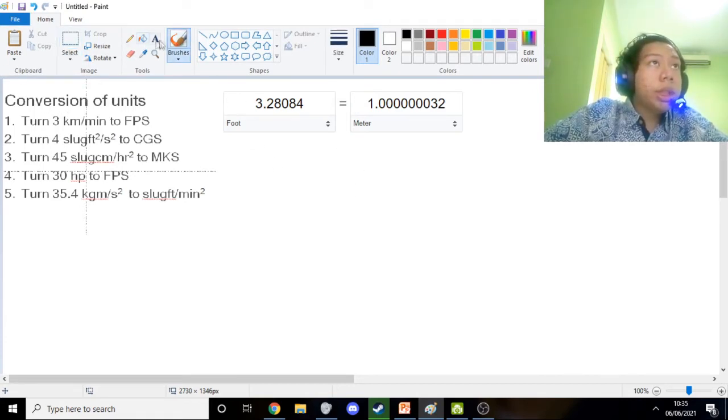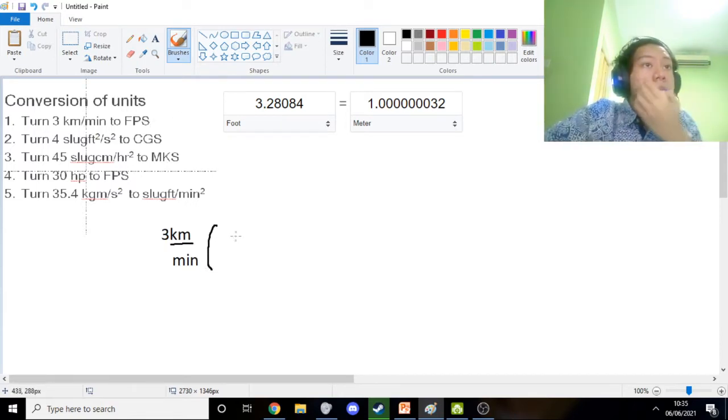The first question is turn 3 kilometers per minute to FPS system. We will convert 3 kilometers to meters.